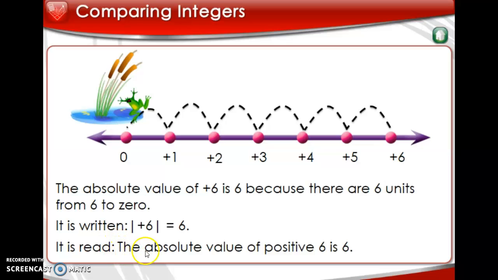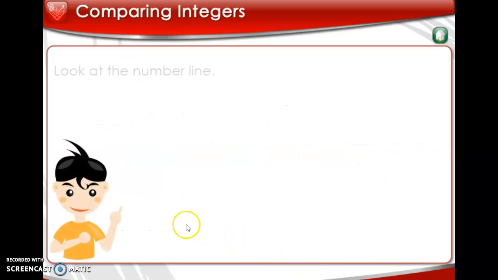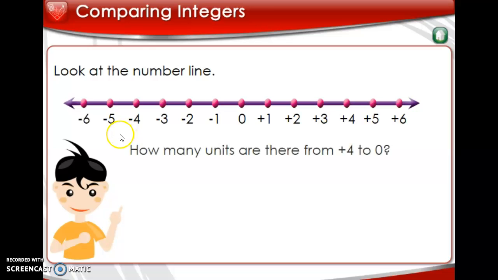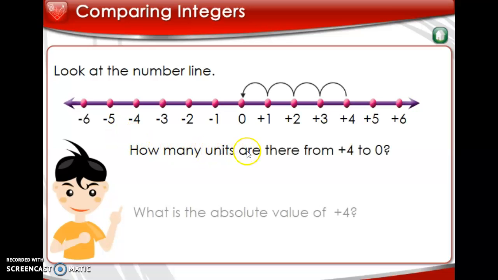And it's read, the absolute value of positive 6 is 6. Look at the number line. We have 0, and in the right side, we have the positive numbers. In the left side, we have the negative numbers. How many units are there from positive 4 to 0?